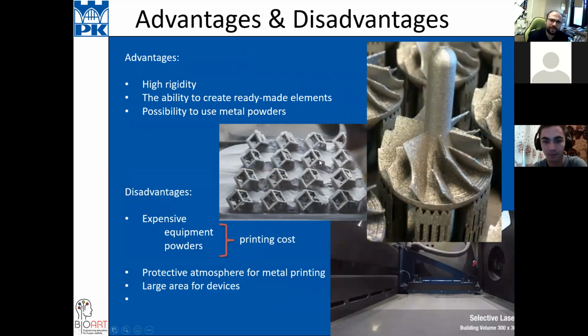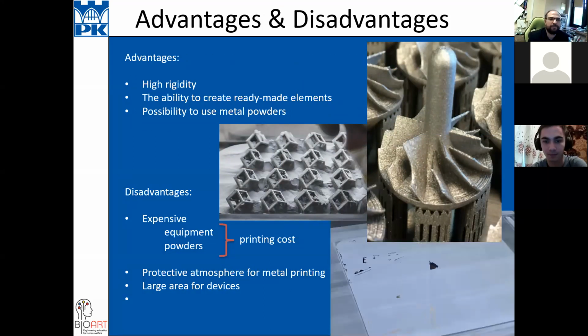But all these powder bed fusion techniques are very expensive, because first you need a very expensive material. In most cases, it is powder of metal, and this powder must be very small.